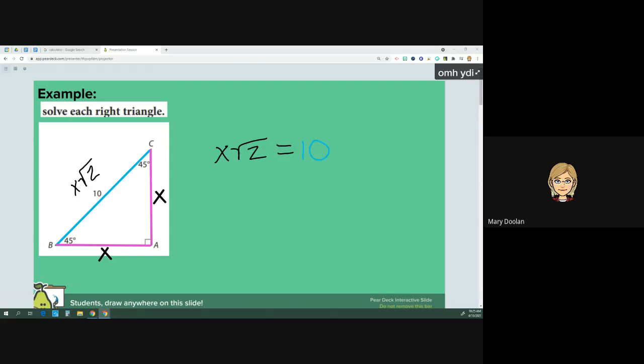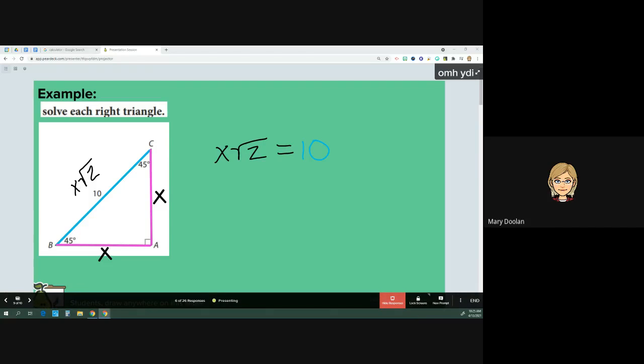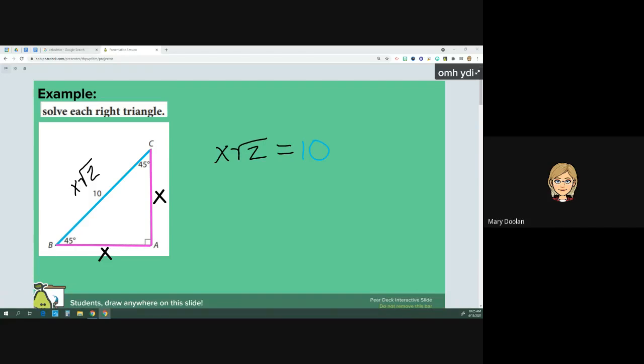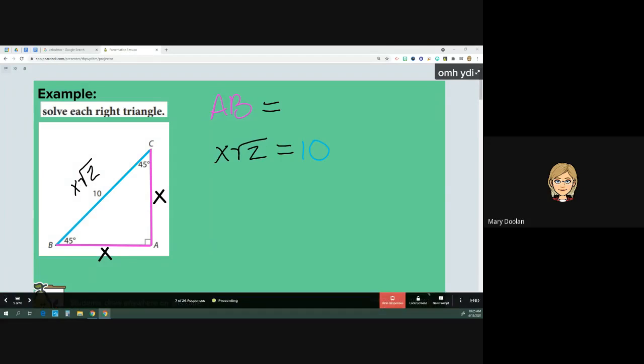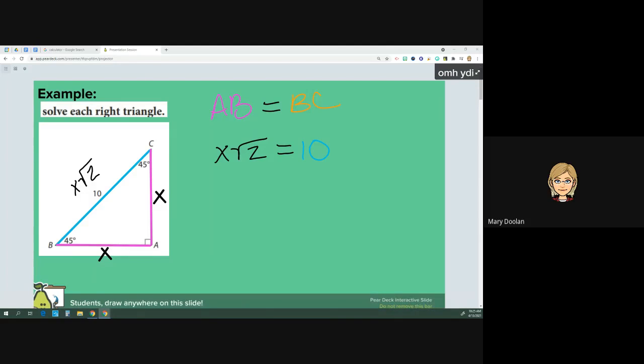I'm also going to put above this some letters to go with it because it's good to be able to write it that way as well. Our side length AB is equal to BC, not multiplied by the square root of 2, but divided by the square root of 2.